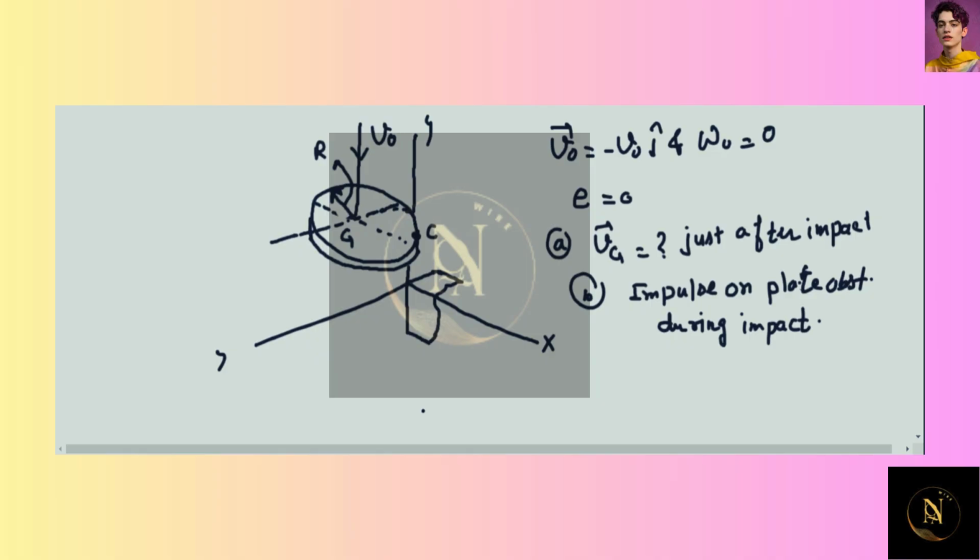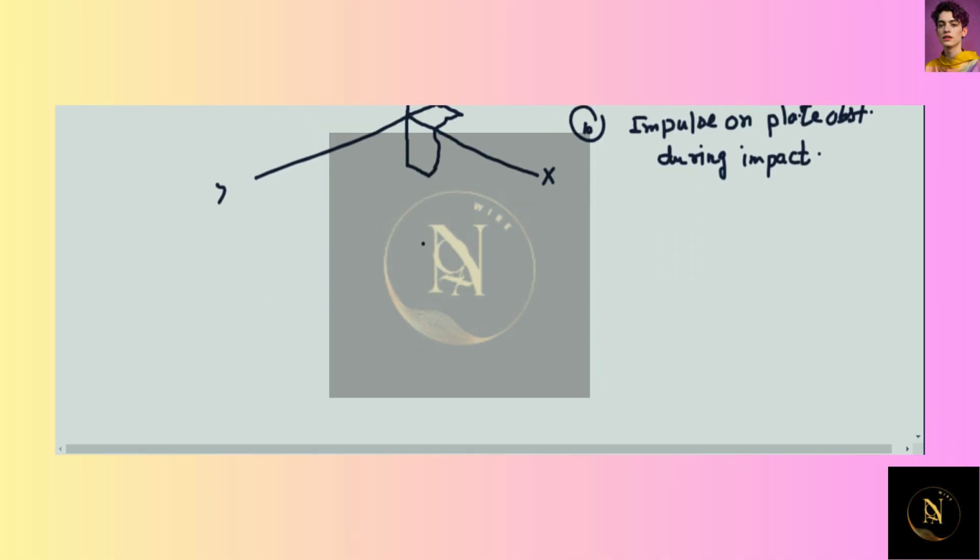First we will draw its free body diagram. This is the plate. This is centroid G, z axis, x axis, y axis. So initial momentum is in this direction.